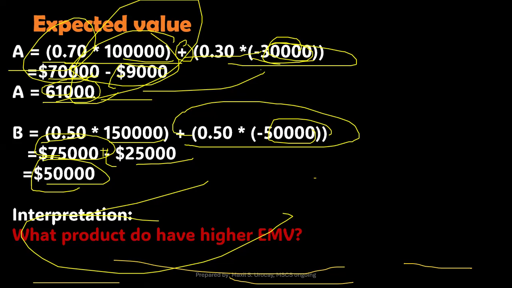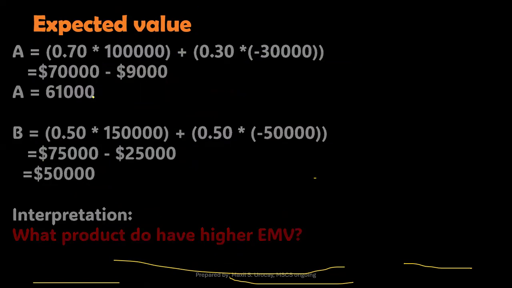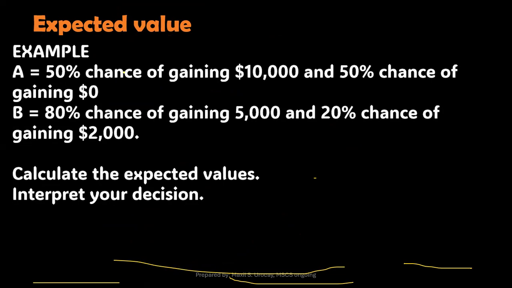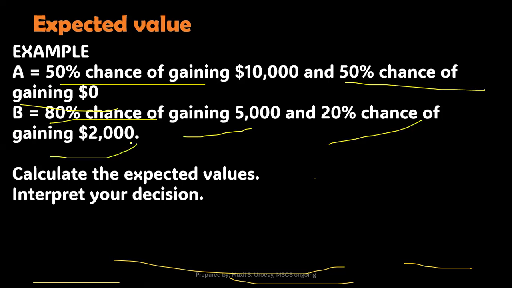Let me give you a second example. Option A has a 50% chance of gaining $10,000 and a 50% chance of gaining $0. For option B, there is an 80% chance of gaining $5,000 and a 20% chance of gaining $2,000.